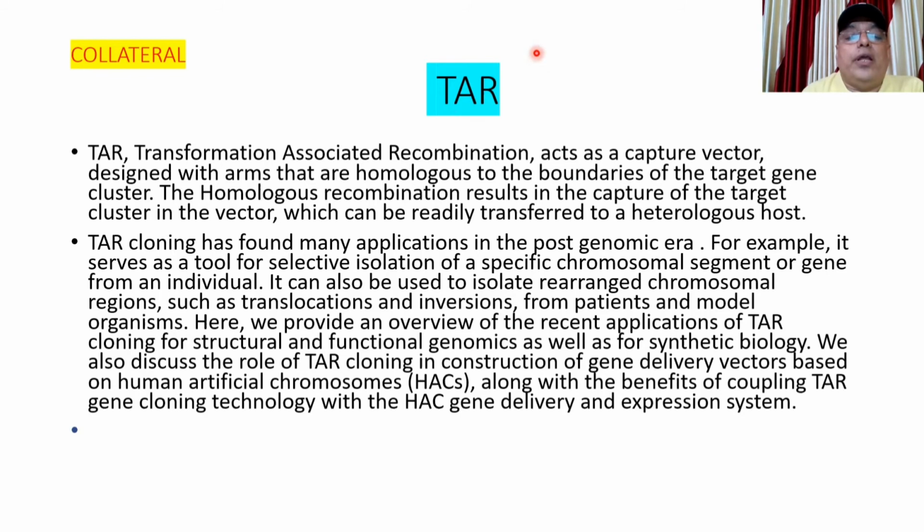It is a very useful capture vector for capturing the desired stretch of DNA, and it has been developed and utilized not only in development of artificial chromosomes and bacterial artificial chromosomes, as we have seen in that diagram, but also in the development of human artificial chromosomes in a bottom-up approach, in de novo development, that is, in development of a fresh, new human artificial chromosome.